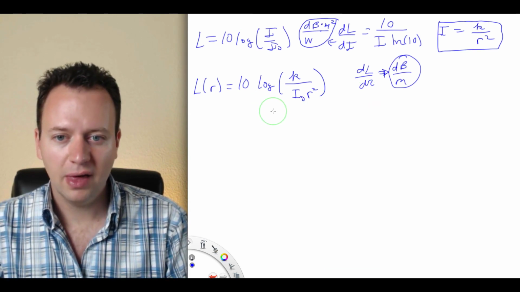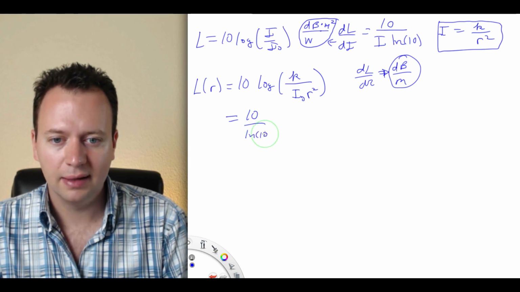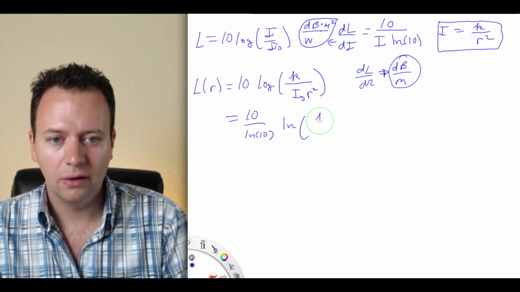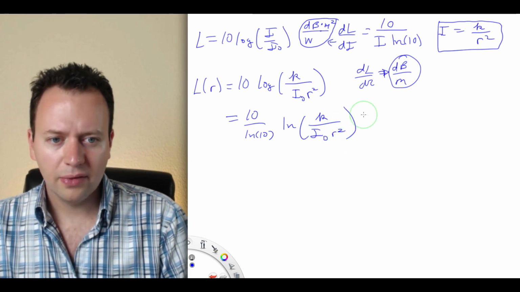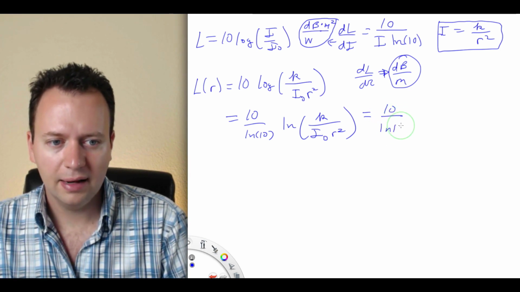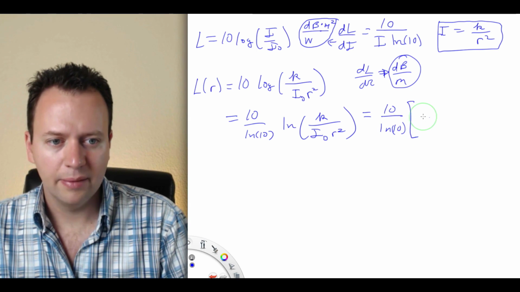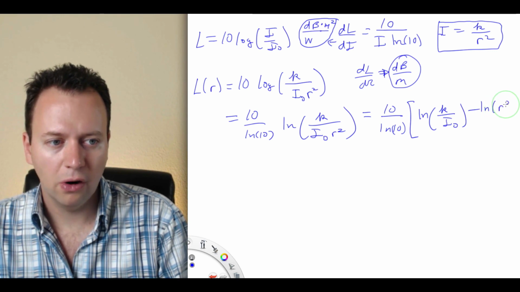So the derivative of this, again, we want to rewrite this as 10 over ln of 10 times the ln of k over I0 R squared. Now, this is equivalent to 10 over ln of 10 times the ln of k over I0 minus the ln of R squared.